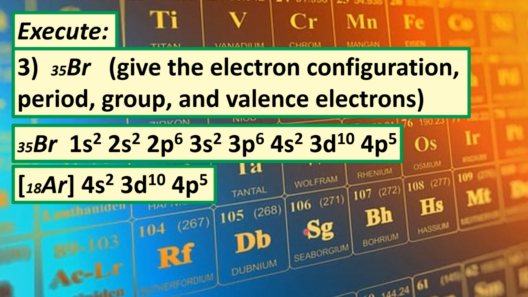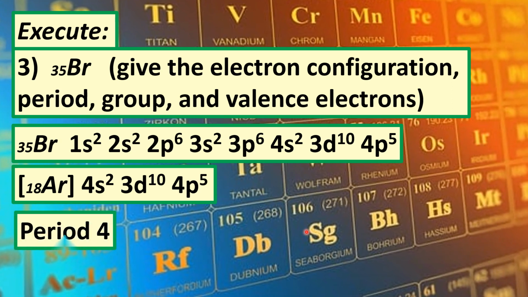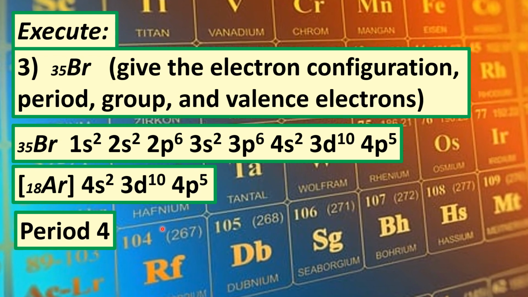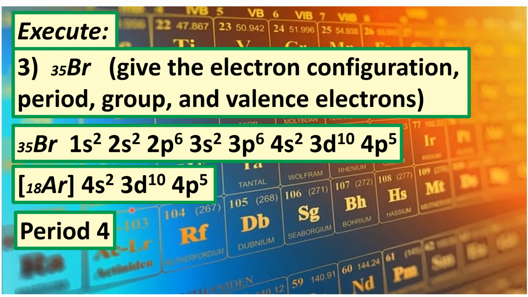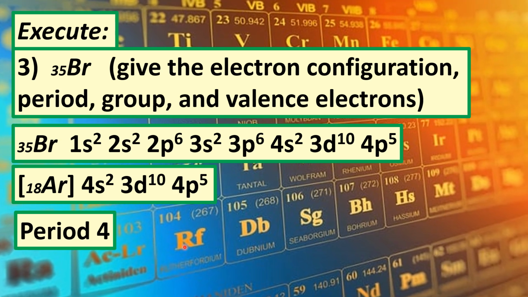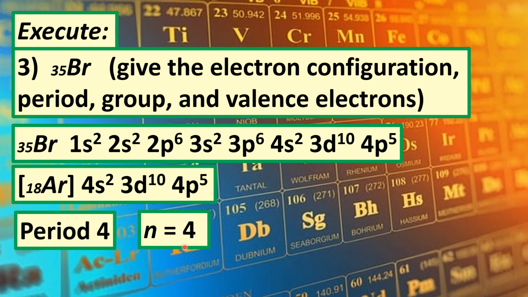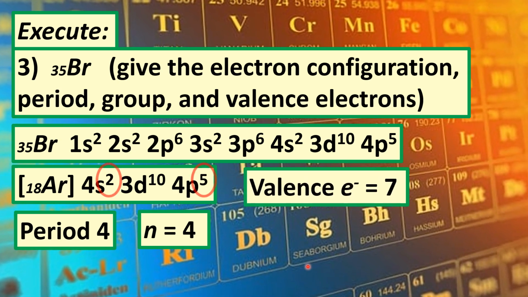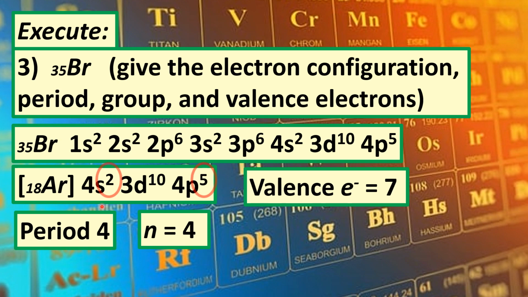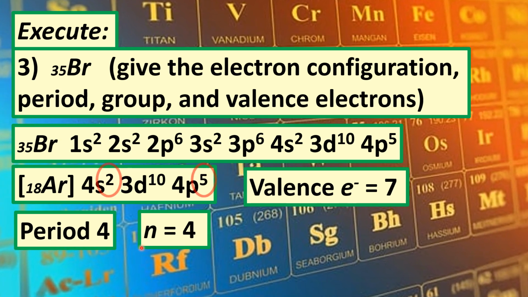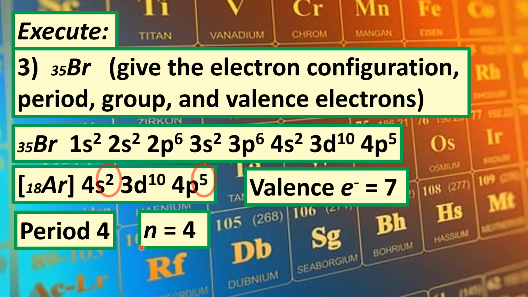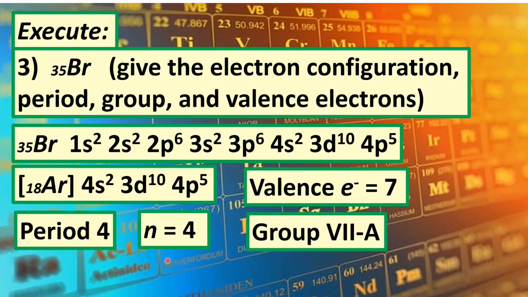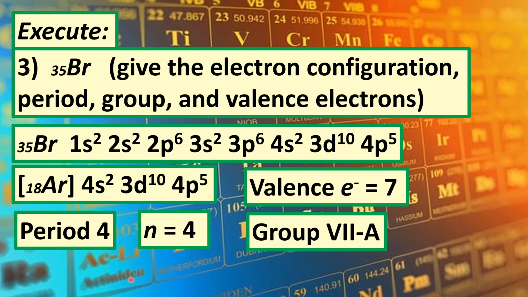And bromine therefore belongs to period 4 because the fourth energy level is the outermost energy level occupied by electrons. And its valence electron, of course, is 2 plus 5, that is 7. So we say that the group number of this element is group 7A, that is the halogen group.